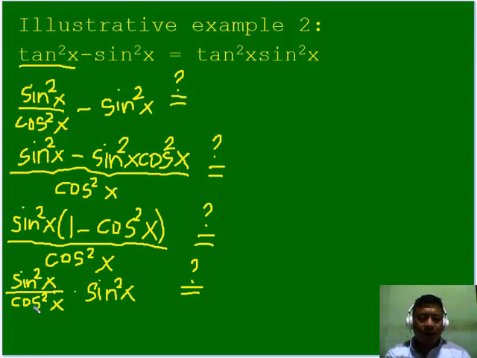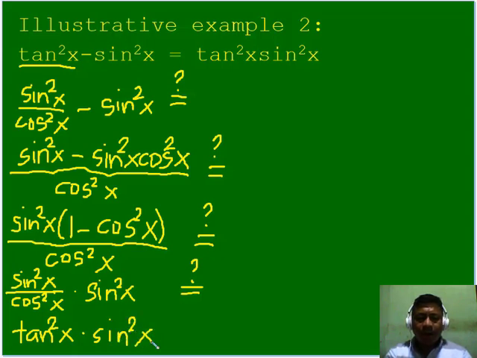Moving on, we can actually simplify this sine squared x over cosine squared x to be tangent squared x, applying ratio identities, times sine squared x.